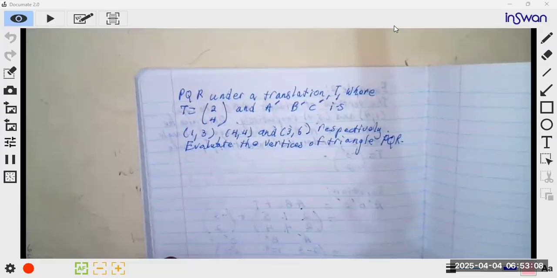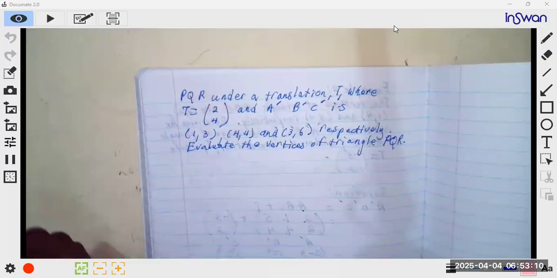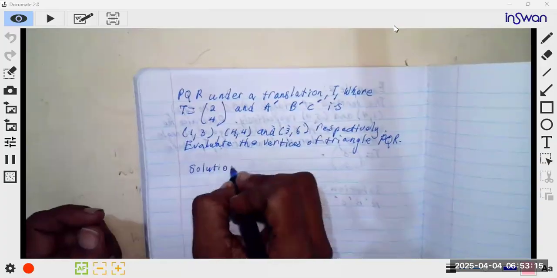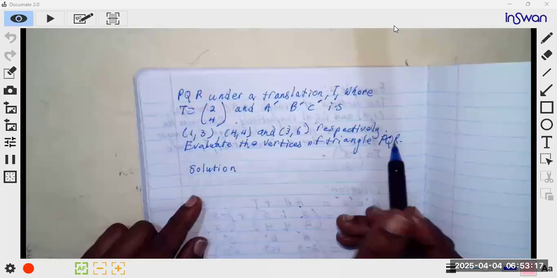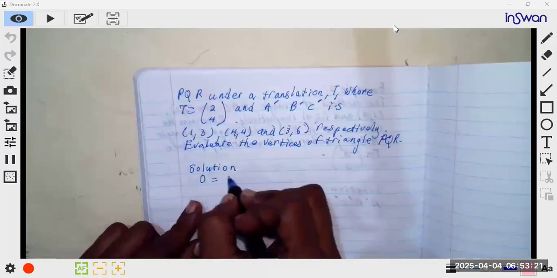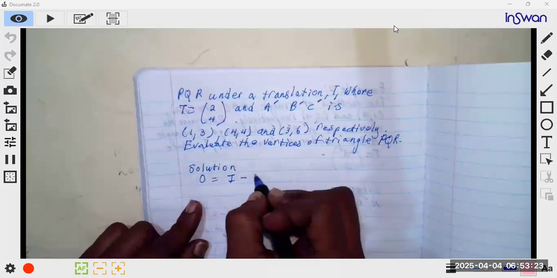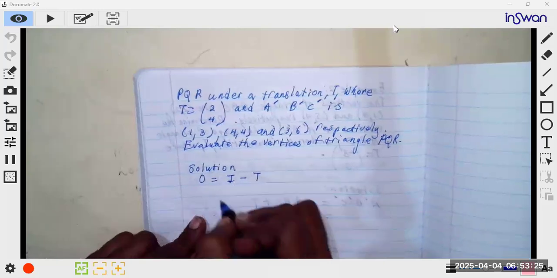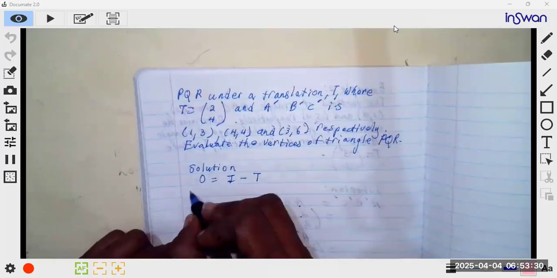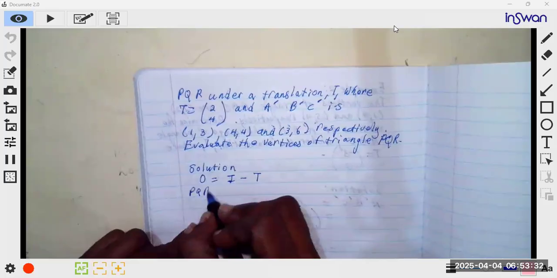All right, ready? Yes, miss. So if we want to find our object, the object is equal to the image take away your translation vector. In this case, our object will be PQR.